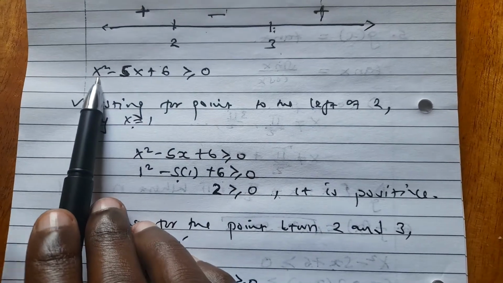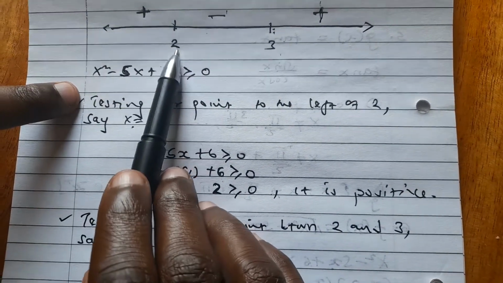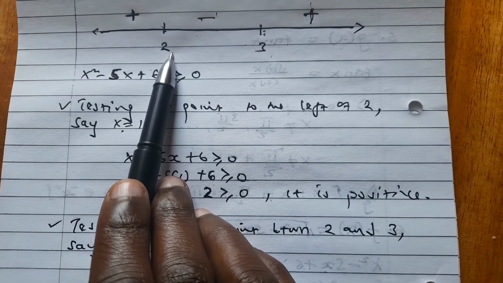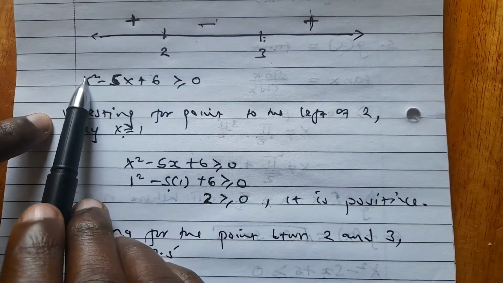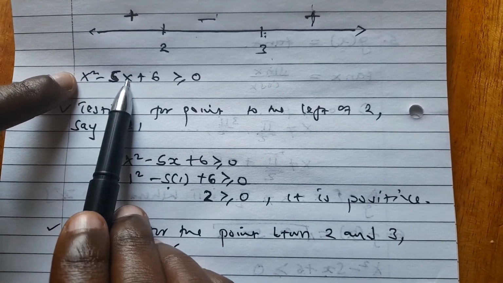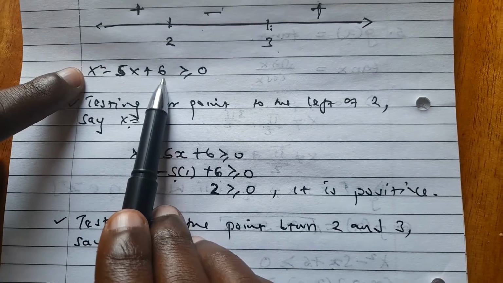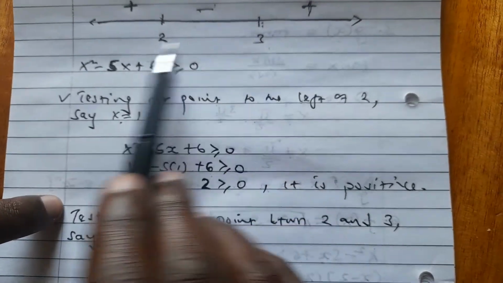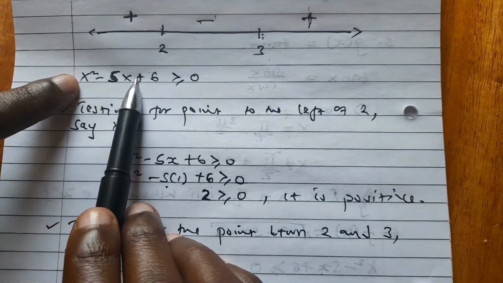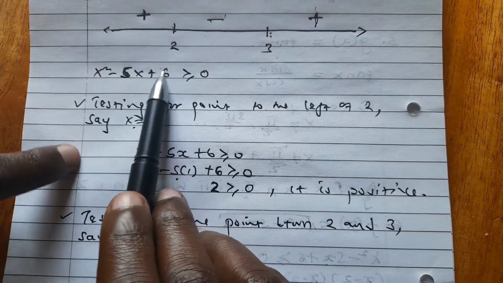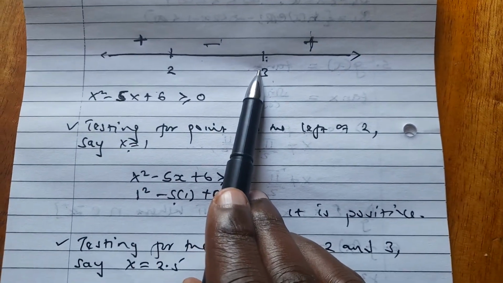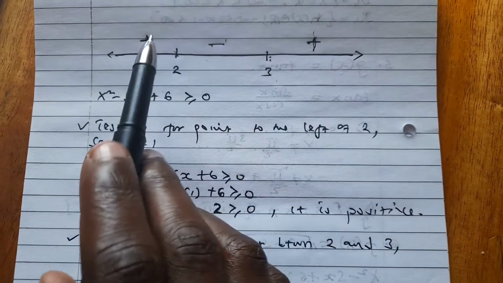If you substitute 2 here, we'll have 4 minus 10, that is minus 6, plus 6, that is 0. If I take 3 and substitute here, I'll have 9 minus 15, that is minus 6, plus 6, that is 0.